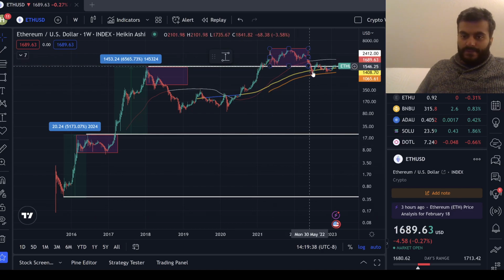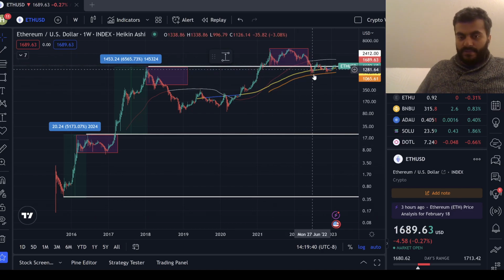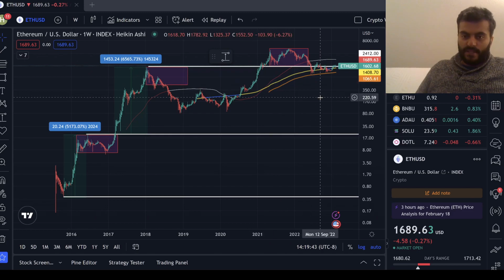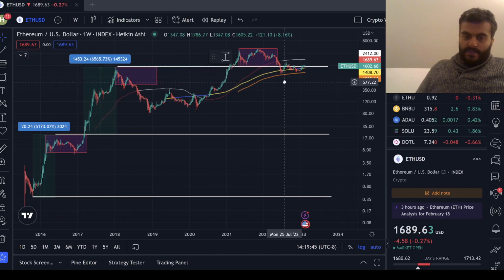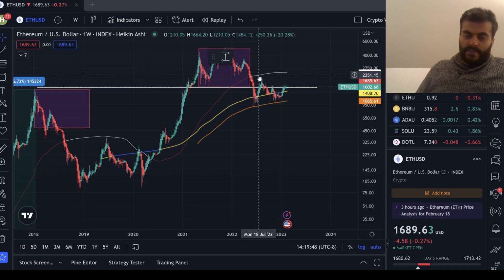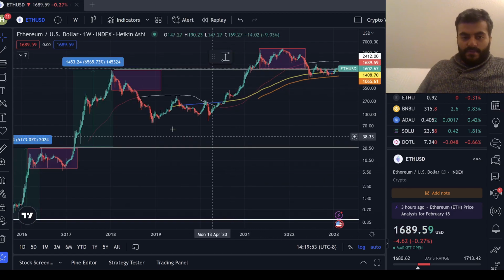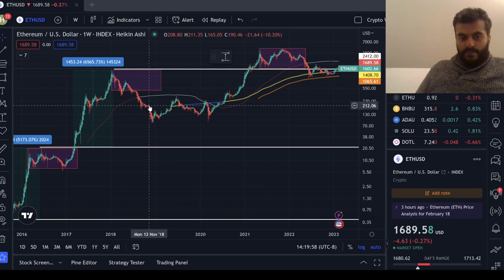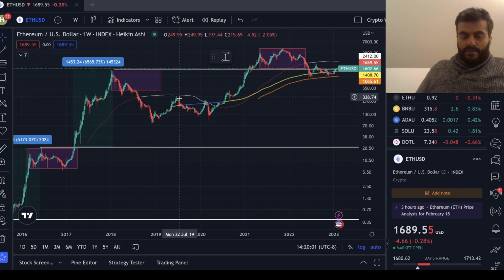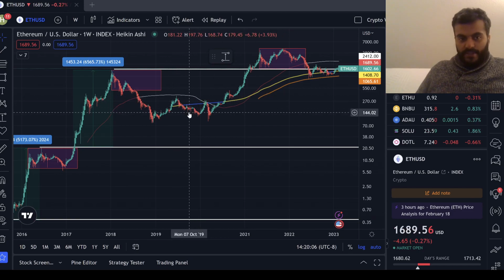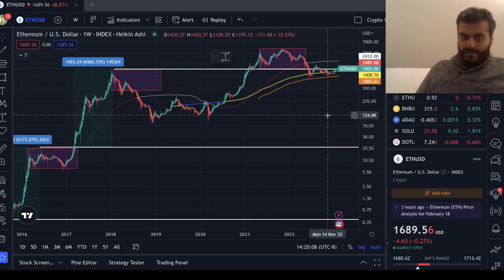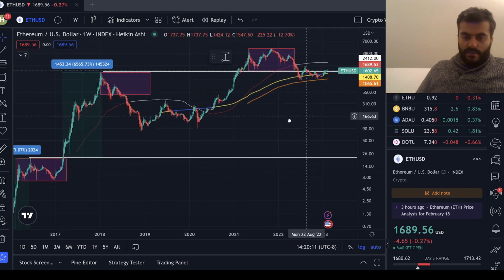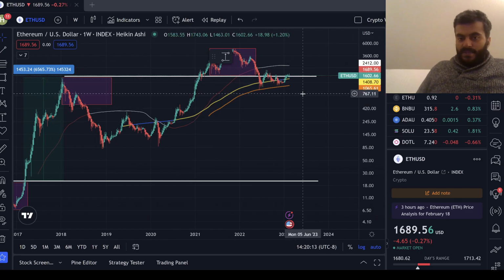But now the price of Ethereum has broken down to the downside, and it is hitting some of the key levels, moving below the 100 week, 200 week, and 300 week, which was the case in the second market cycle, where it first moved below the 100 week, then tried to rally up till the 100 week, then again capitulated down, went below the 200 week, and then rallied to the upside.